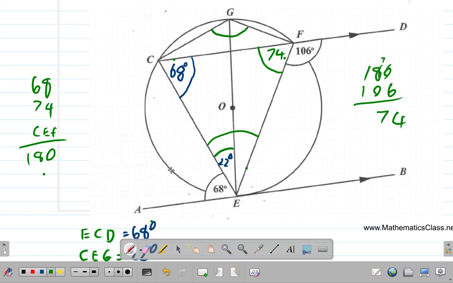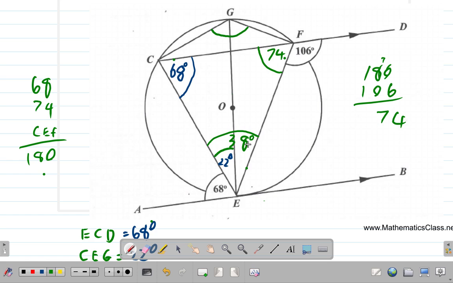So that's 38 degrees, all of that angle at 38.